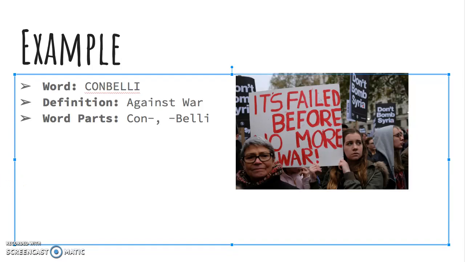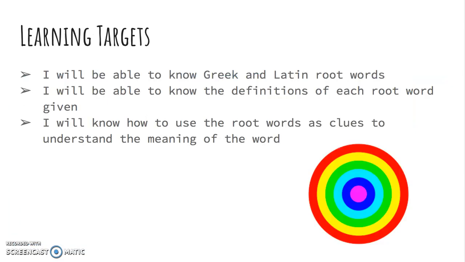So if we were to go back to the learning target for this lesson, we have I was able to know the Greek and Latin root words, and you can see with your notes what we have learned today, and you can keep them running for each lesson that we do on this. I am able to know the definitions of each root word, so hopefully you wrote down the definitions of each one as I went along.